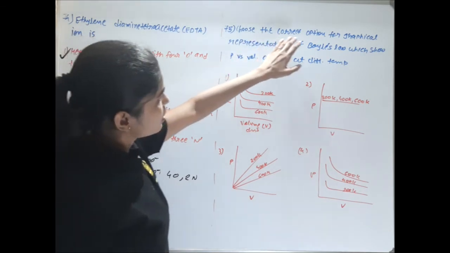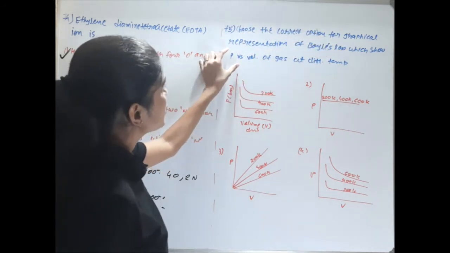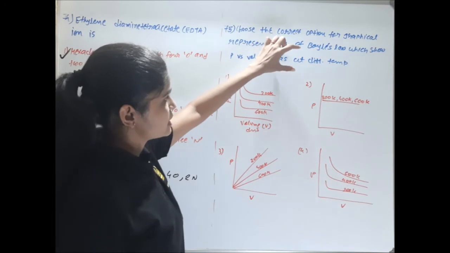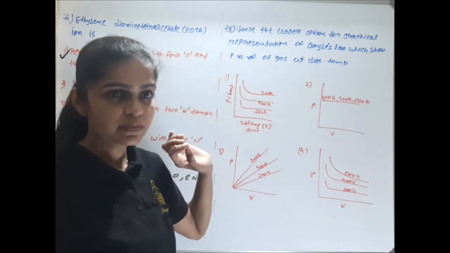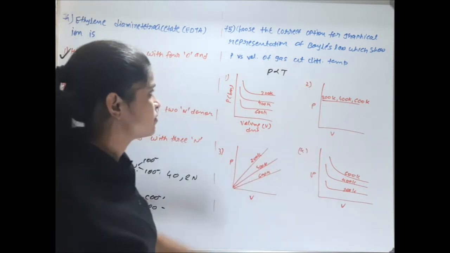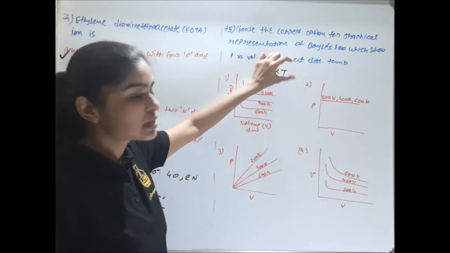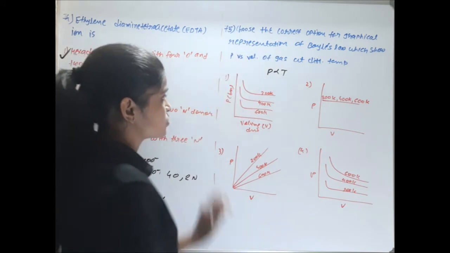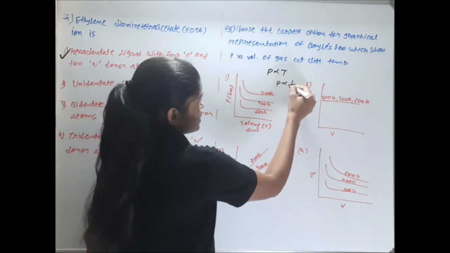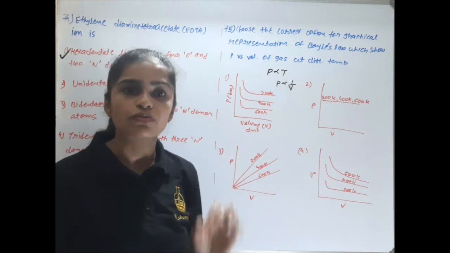Next, choose the correct option for the graphical representation of Boyle's law, which shows the pressure versus volume of gas at different temperatures. We know that P is directly proportional to the temperature. When pressure decreases, temperature decreases; pressure increases, temperature increases. And this is pressure versus volume. P is inversely proportional to 1 upon V, so this gives a hyperbola graph.